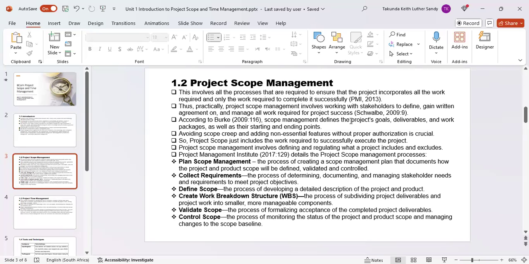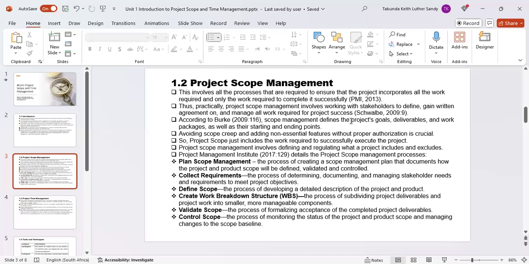Then collect requirements. This is whereby you sit down with stakeholders and you hear, because stakeholders are different people, and all these different people have different expectations in a project. So what do we do on collect requirements? You sit down with them, and then you collect whatever they need, or whatever they are expecting the project to give you. That's what collect requirements is, a process of project scope management.